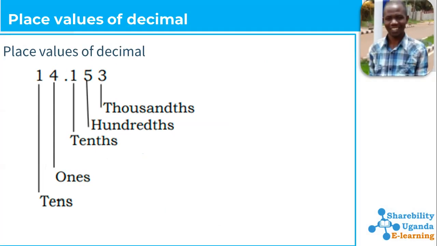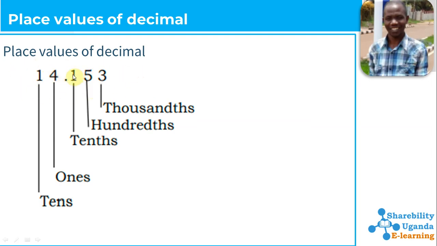As we can see now, when you talk about place values of decimals, we are meaning numbers or digits that have points within them. In more detail, if we say this is 14.153, how does it come about?